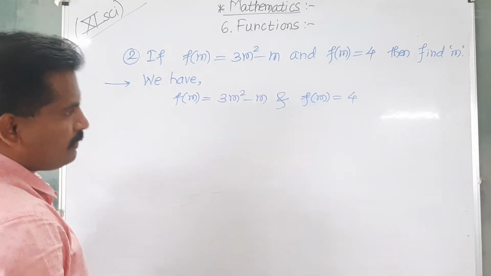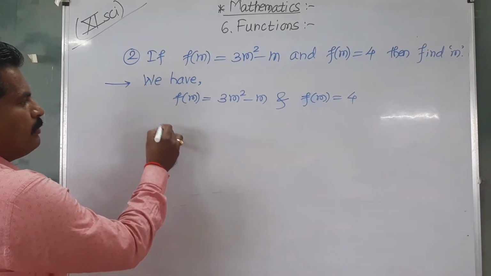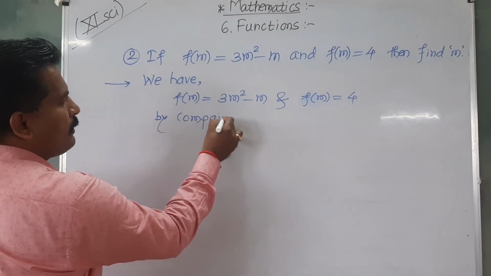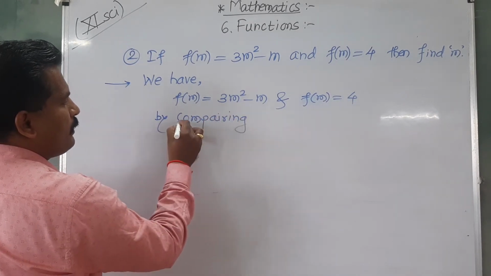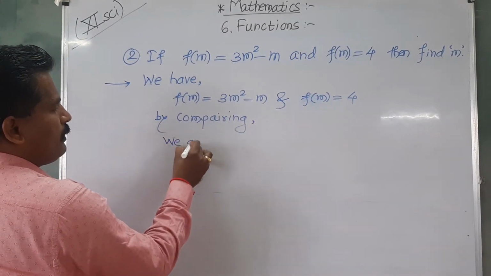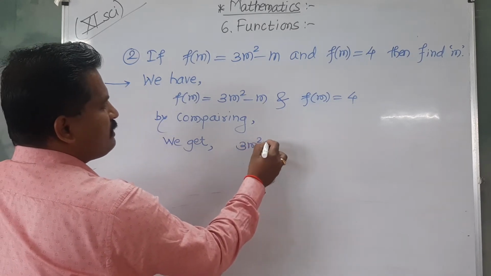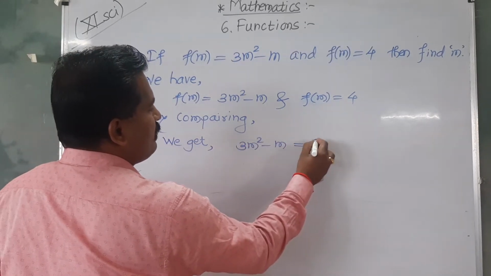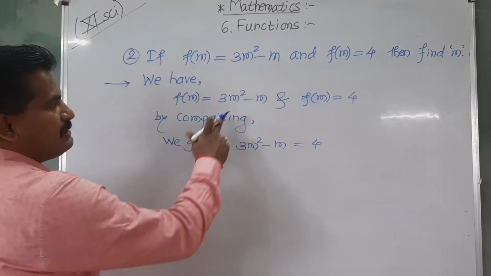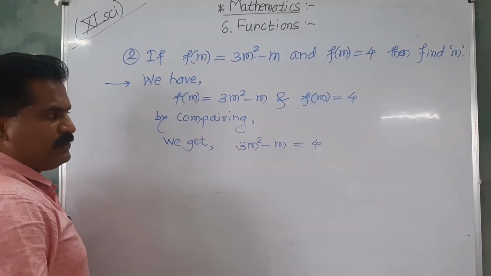Therefore, by comparing we get 3m square minus m is equal to 4, because f of m functionally is 3m square minus m, and the given f of m value is 4.